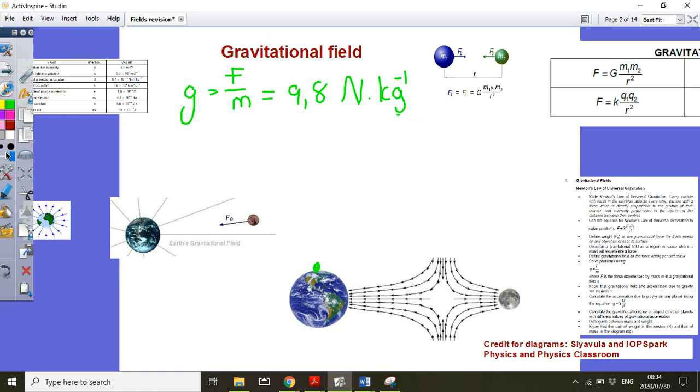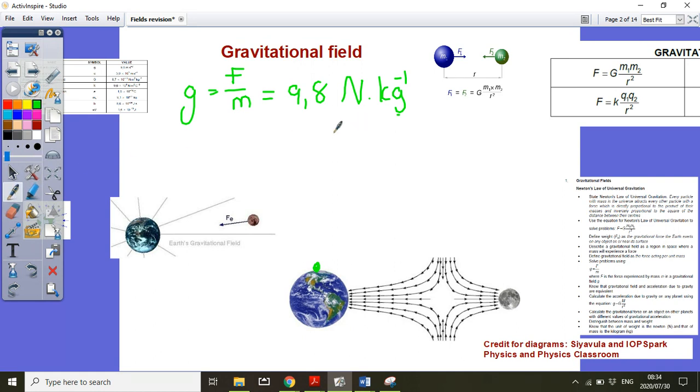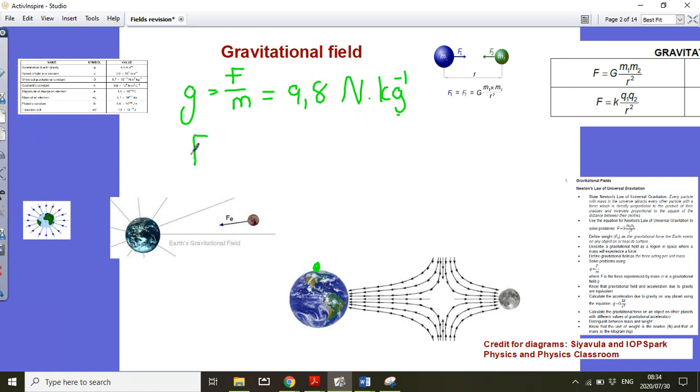So that's the one. But now we also know that F net equals ma, according to Newton's second law. So if I have a 1 kilogram object, let's just quickly look at it. So this would be the force per unit mass. So that means that is 1. If I put a 1 in the place of the mass, I'm going to say 1 times a.